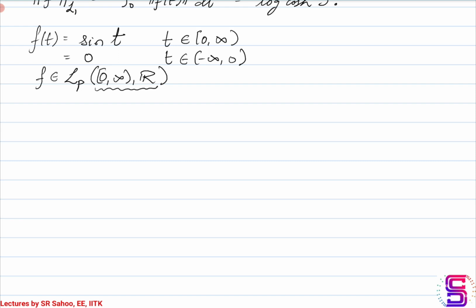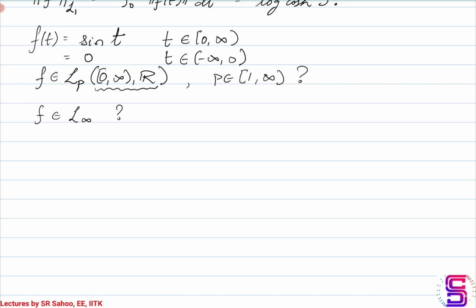So the LP space would be only for those signals. Now let's see whether this holds or not when p belongs to 1 to infinity, excluding 1. Will any of it hold or not? And also we would check whether this holds or not.